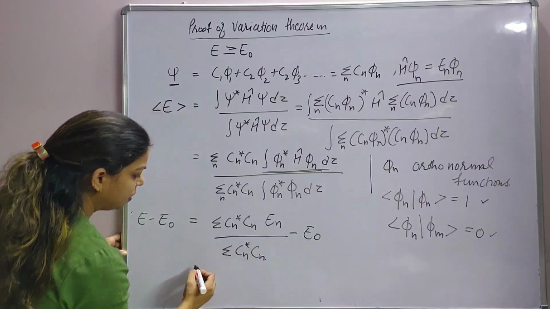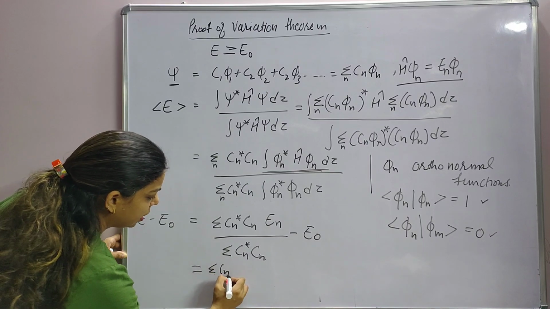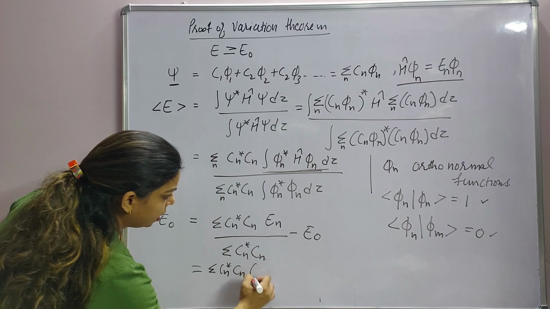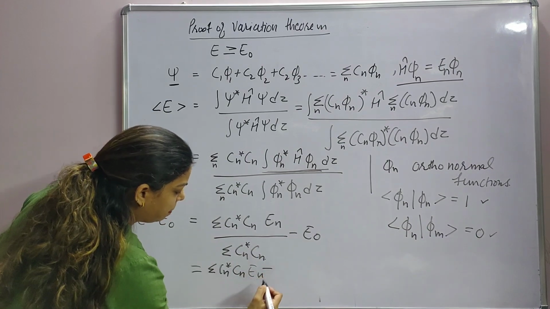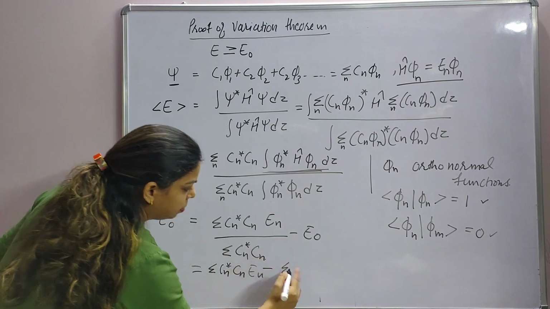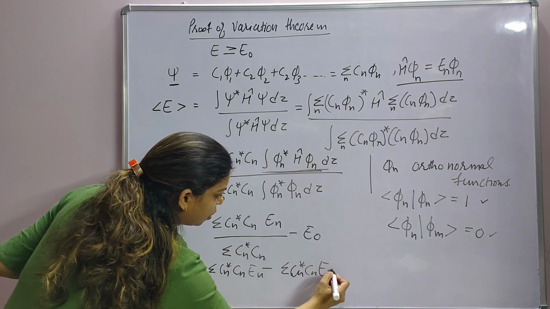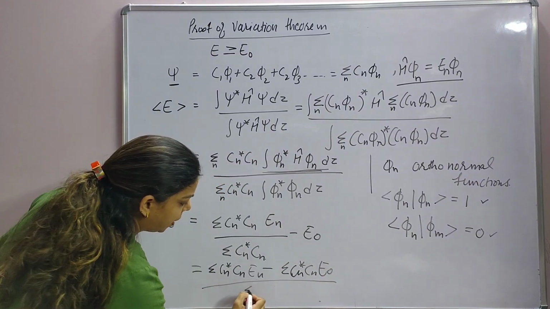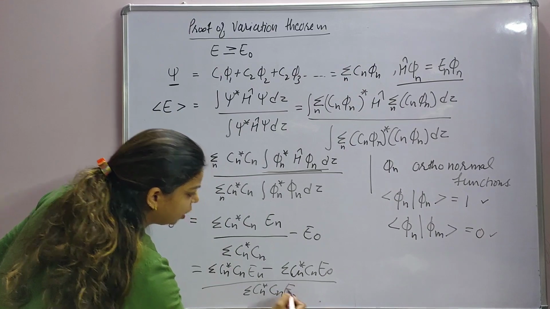First of all, just simplify this. We will have the summation of Cn star Cn inside the bracket, En minus E naught.